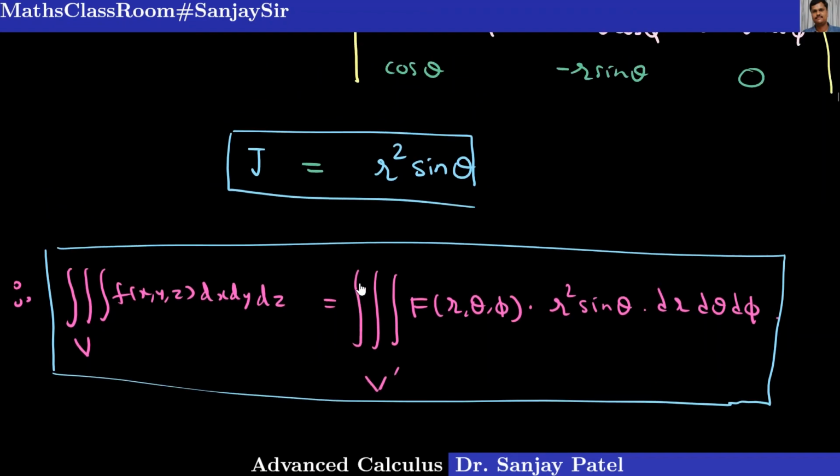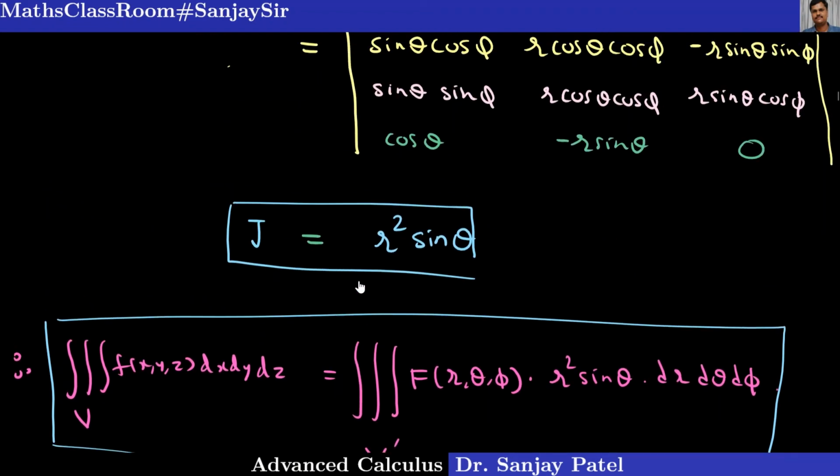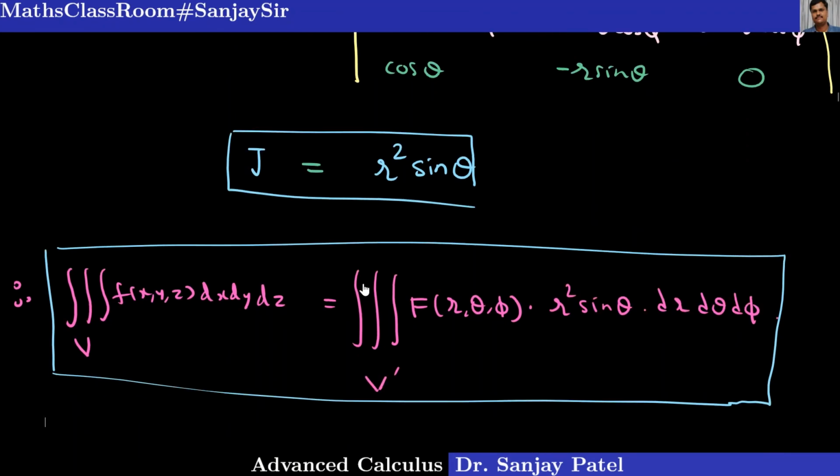In the next lecture, I will be discussing how to solve problems using this transformation formula from one system to another system, because sometimes if the problem is very difficult over a given Cartesian coordinate system, then we can change the variables into some other system and make the problem easy, and we'll see some more interesting problems in the next lecture.